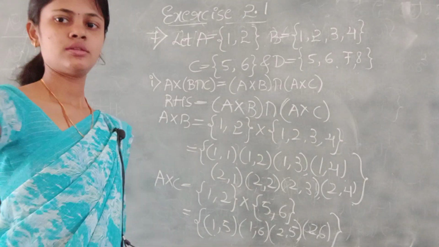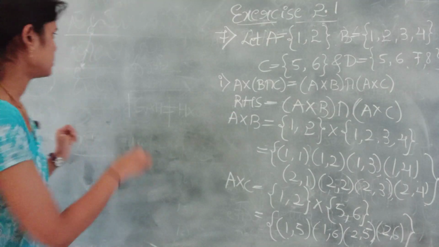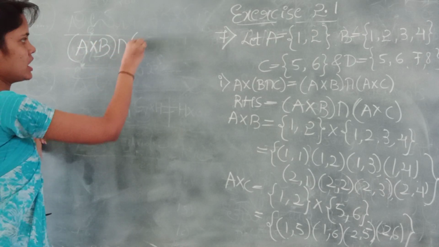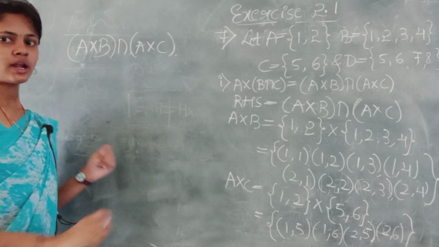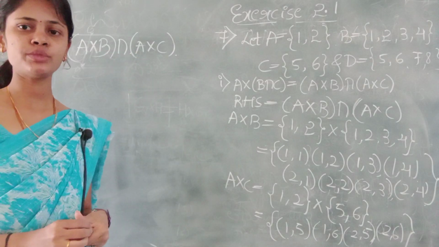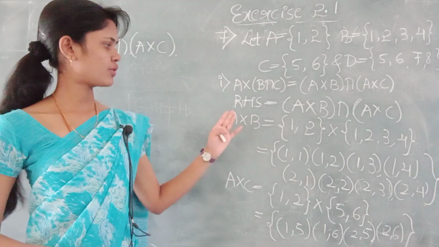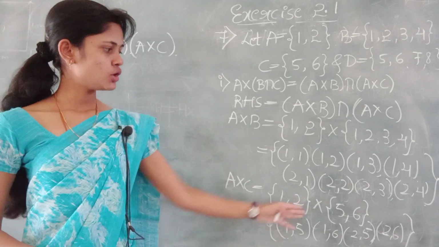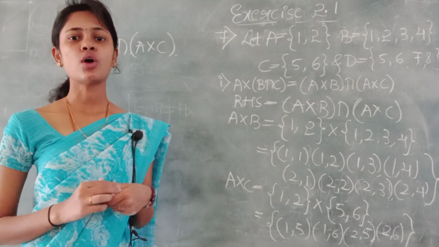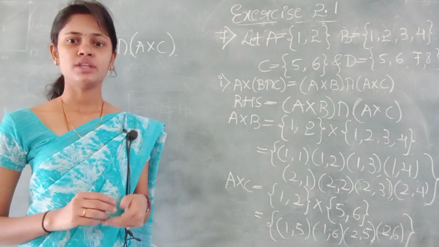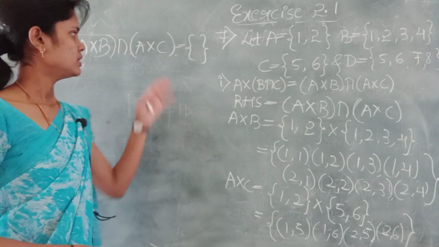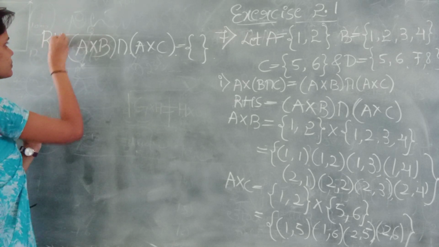Intersection means any common elements from the two sets. Here you can observe that in A cross B and A cross C, no common ordered pairs are there. Therefore it is also the null set. This is our RHS.